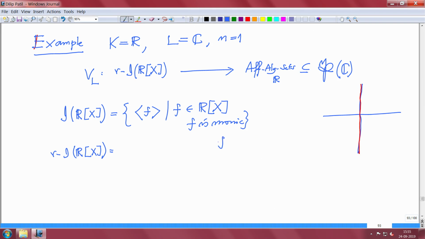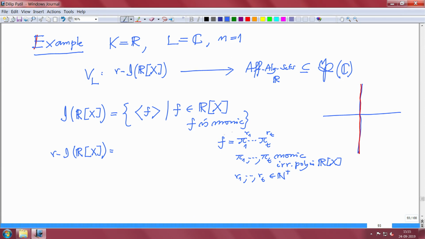You write f as the product of p_1 to the power r_1 up to p_t to the power r_t, where these p_1 to p_t are monic irreducible polynomials in R[x], and these r_1 to r_t are positive natural numbers.